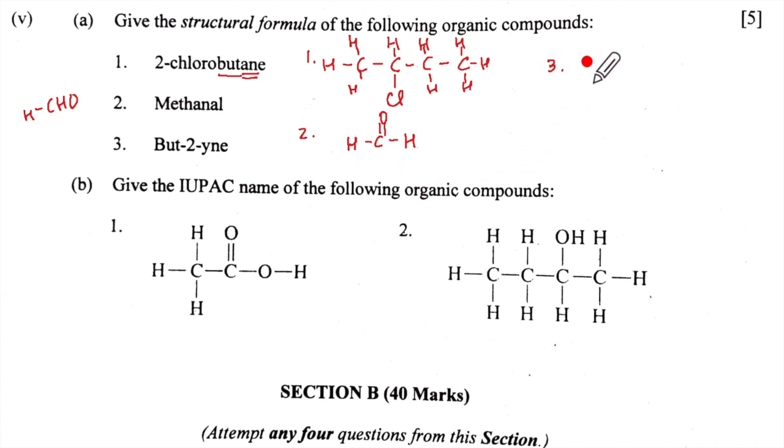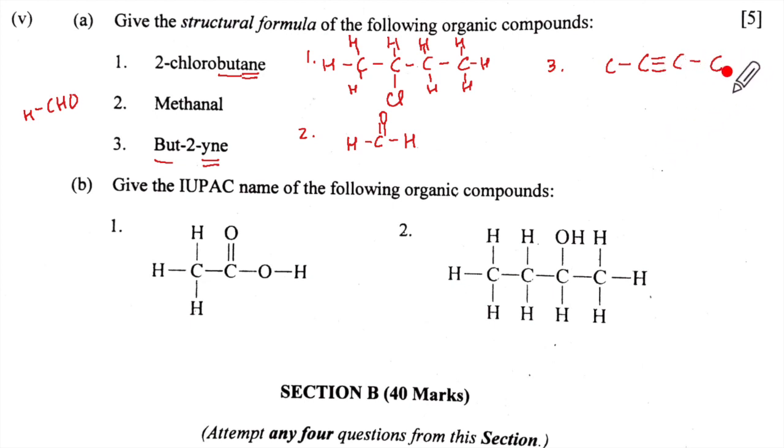Let us come to the third one, but-2-yne. What does but mean? 4 carbons. So C, single bond C, single bond C, single bond C. But they say 2-yne. What does yne mean? It's a triple bond. So for the second carbon, now this is first carbon, this is second carbon, then this carbon will have a triple bond.